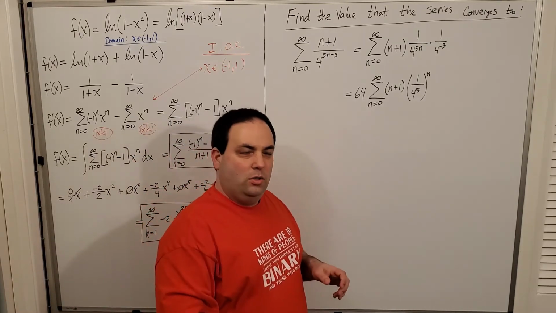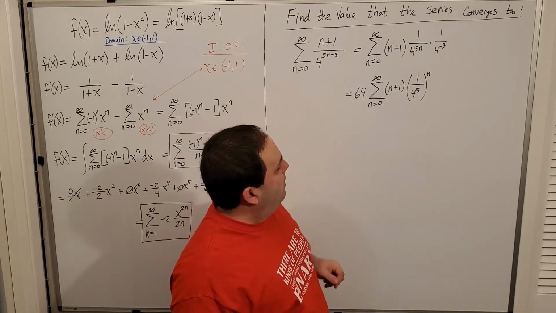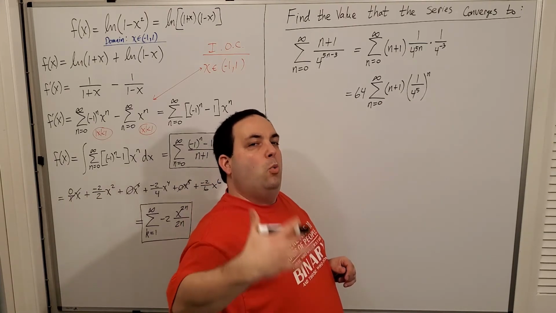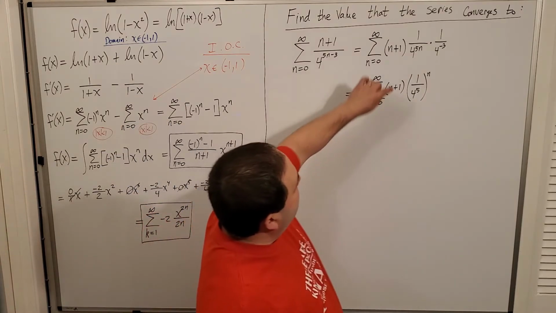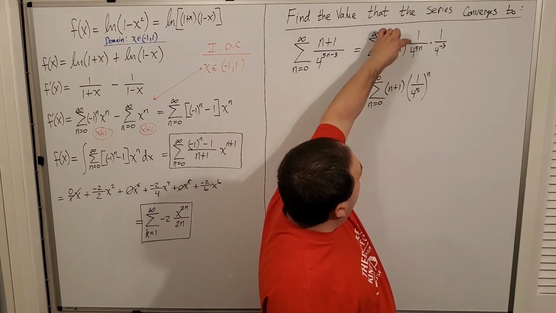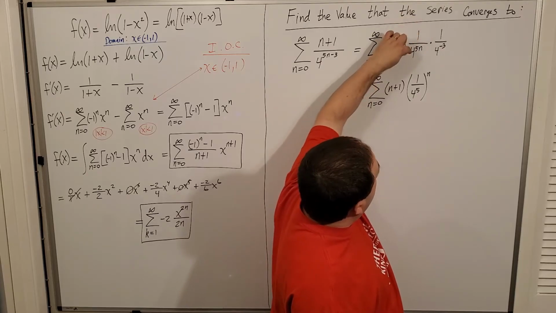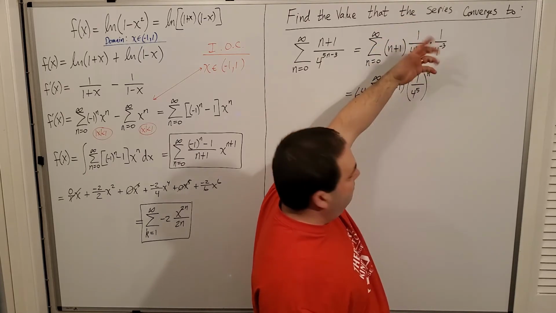Of course, it's not totally geometric because of the multiplied n plus 1, but we're getting there slowly. And the way this works is 1 to any power is still 1, so technically this is 1 to the n and 4 to the 5th to the n.